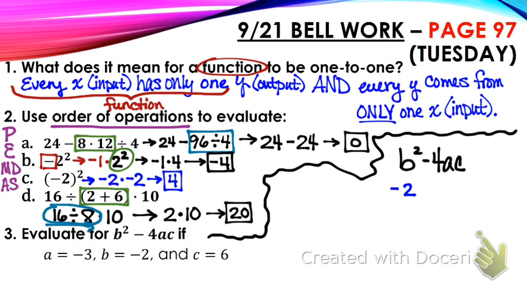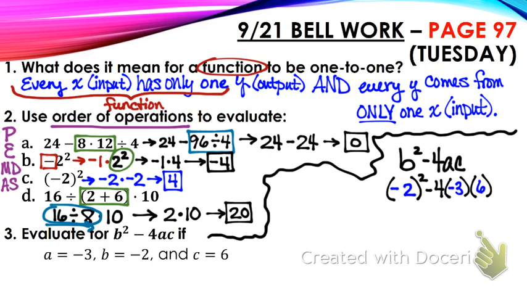Yes. -2, and then we're going to square it, because we just saw in the previous problem that whether or not those parentheses are there is really important. -4 times, what are we putting in for a? -3. And then c, what are we putting in there? +6, yes.